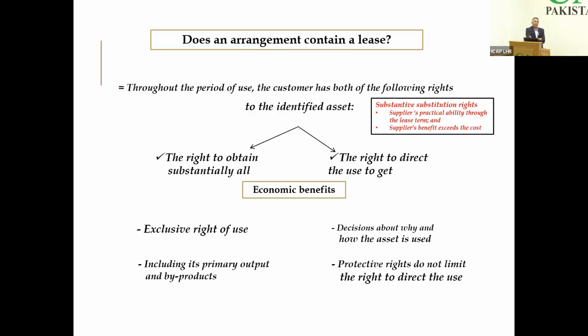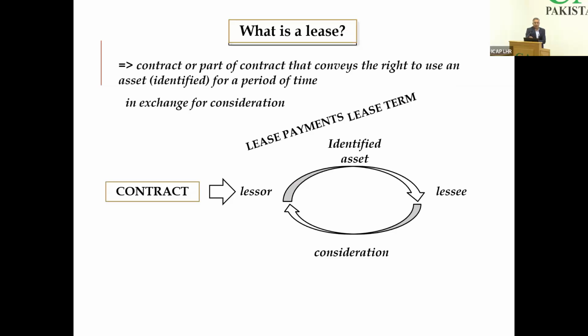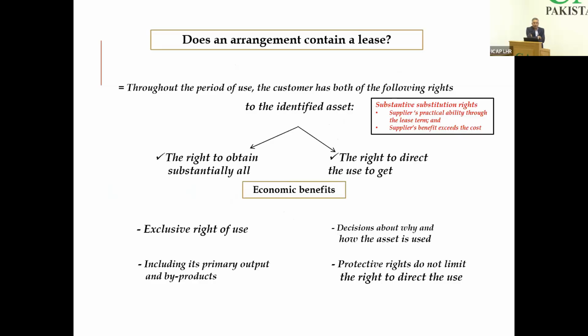Okay, what type of contract is a lease? Whether this contract is a lease or not. Throughout the period of use, the customer has both of the following rights to the identified asset. In the previous presentation part, we identified it's a conveyance of the right to the customer for what type of asset? Identified asset.